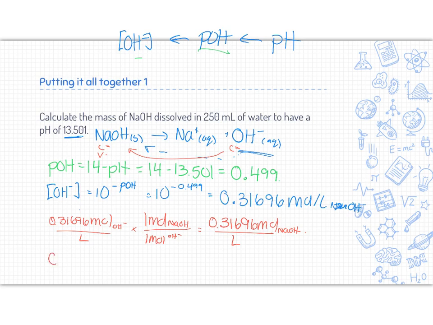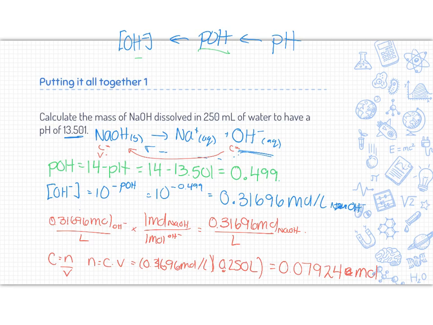So C equals n over V. n is equal to C times V. 0.31696 moles per liter times 0.250 liters, and we get 0.07924 moles. And last but not least, using n is equal to little m over big M, and it's all for mass. So 0.07924 moles times the molar mass is 40.